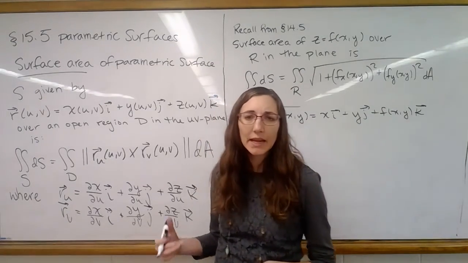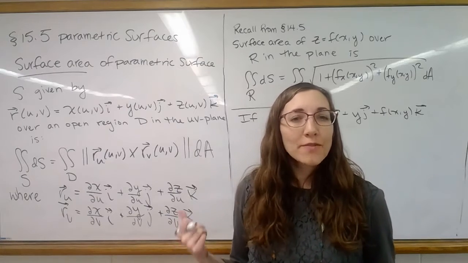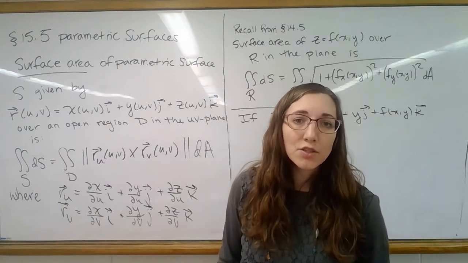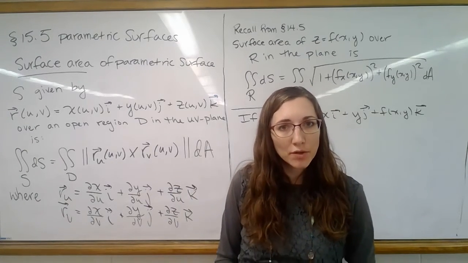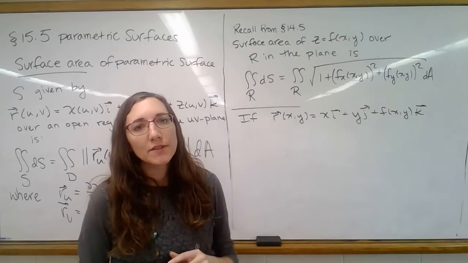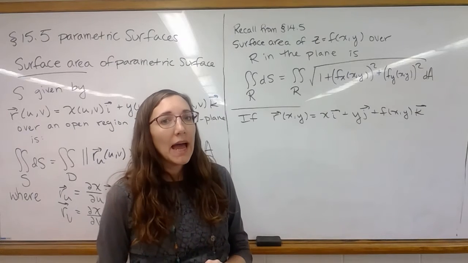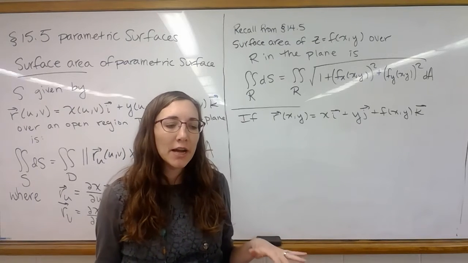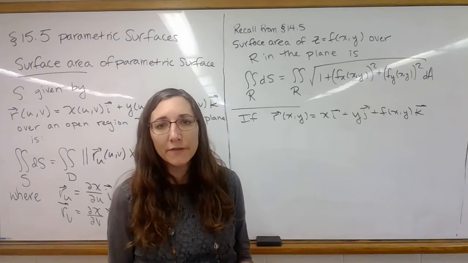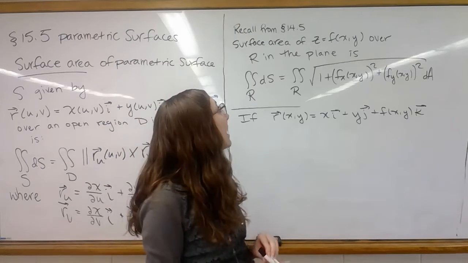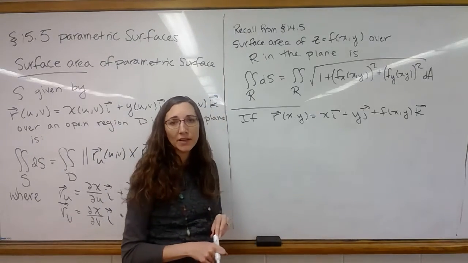Now I want to take a second and think about, well, we've already looked at surface area, so these should be compatible. If we think back to when we saw surface area before, we were in section 14.5, and in that case we were looking at surface area of a surface that can be defined as a function, so z is, say, f of xy.